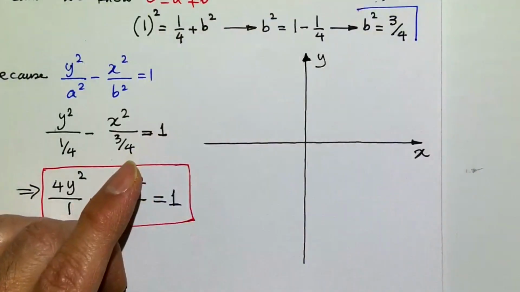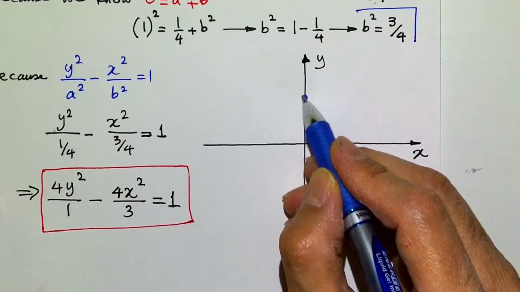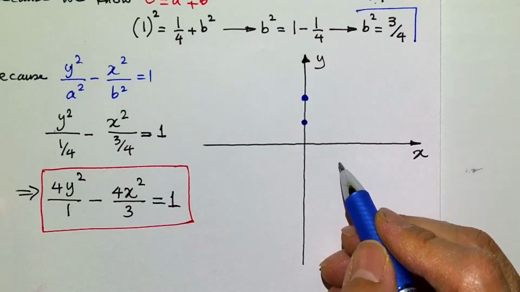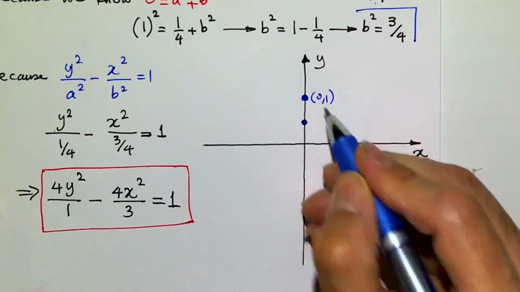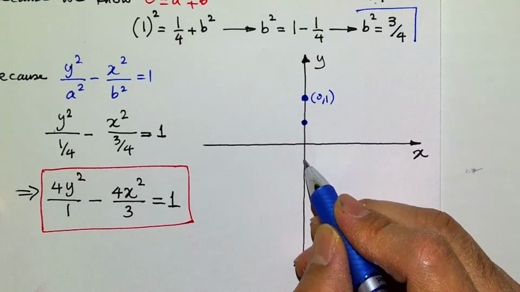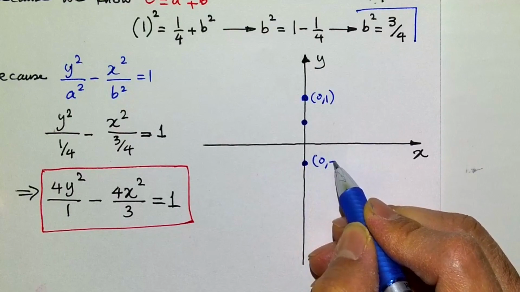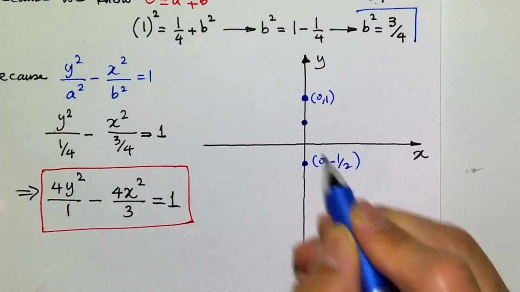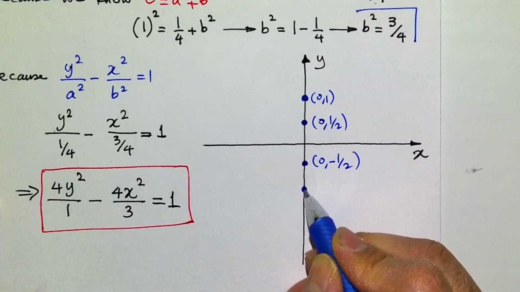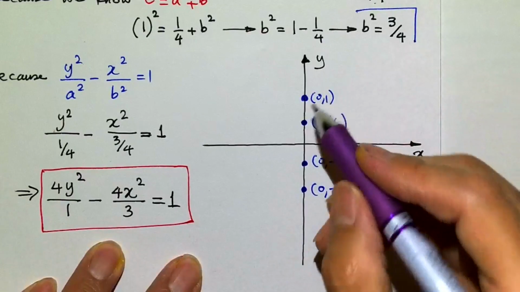So 1 was the focal point, and half of that was the vertex, or a, right there. So this is (0, 1), that is (0, 1/2), and then we have (0, -1/2), and of course (0, -1). I'll try to draw this as best as I can.